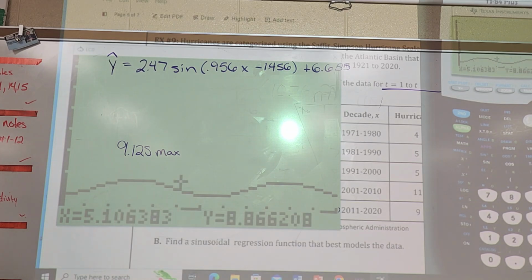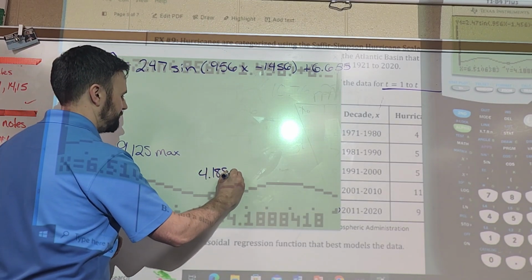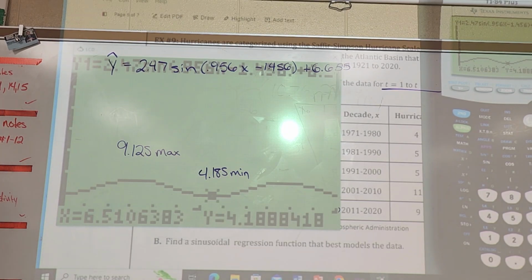You don't have to deal with outliers. This isn't stats anymore. What do you guys get for the min? 4.1. Yeah, 4.18? All right. That's my minimum maximum storms that I can predict.